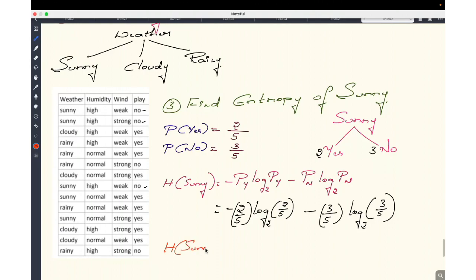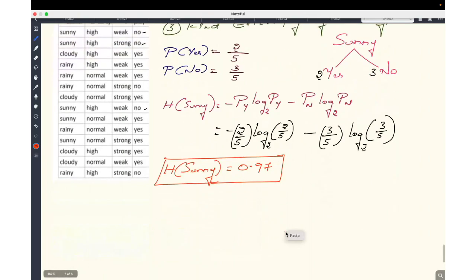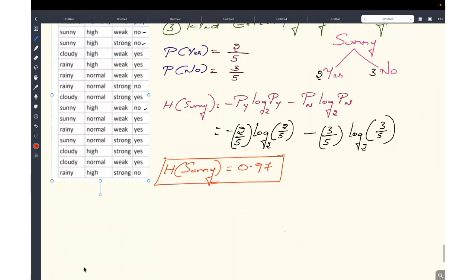Let me try. 0.97. Yeah, good. ChatGPT. Good, at least you tried something. Okay, done for sunny. Usually people don't do that; every time I used to give a static answer. I hope it's clear related to sunny.